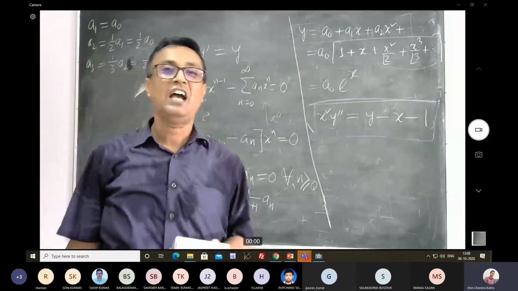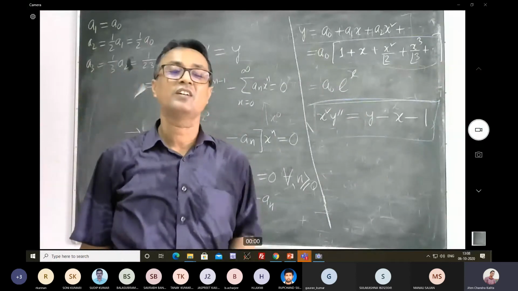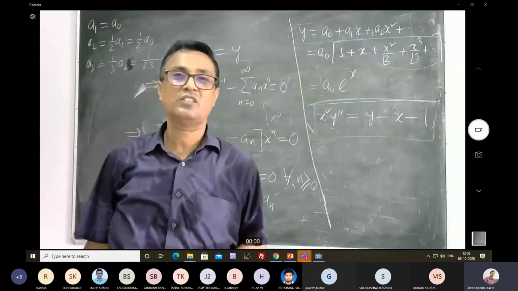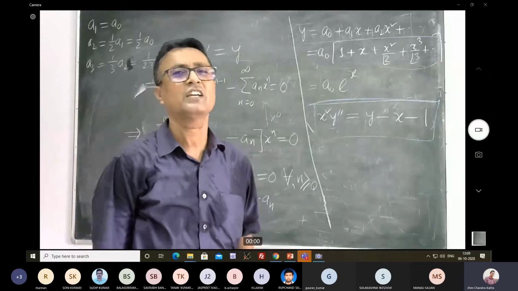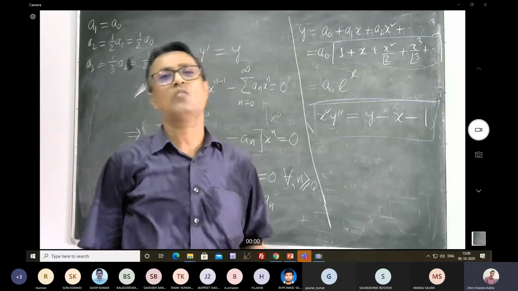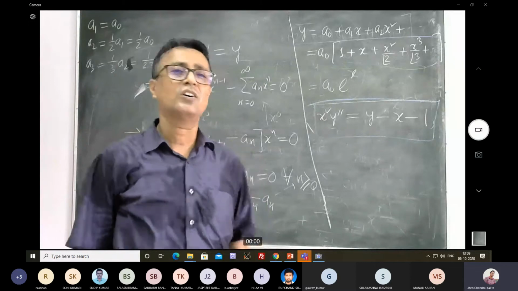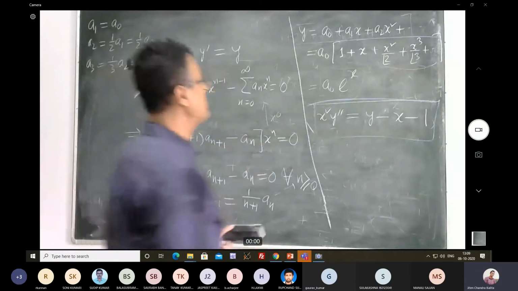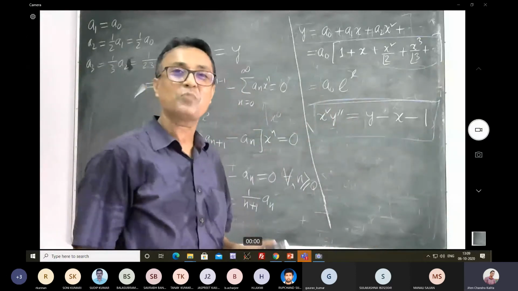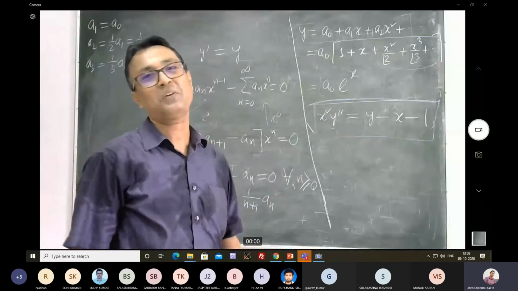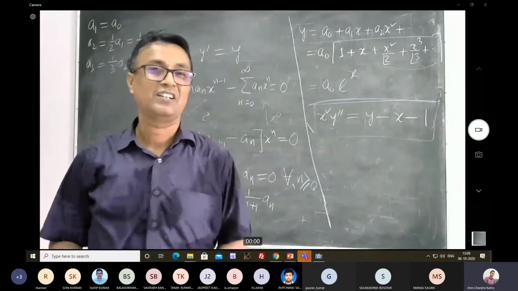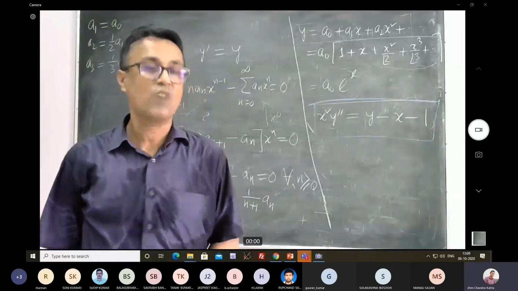Then you proceed, and again you are going to end up with some combination of elementary functions, like maybe a linear combination, maybe some non-linear combination also, right? Then you see that whatever solution you get in terms of elementary functions is not going to satisfy the differential equation. Okay, so that means it is not always going to work, right?